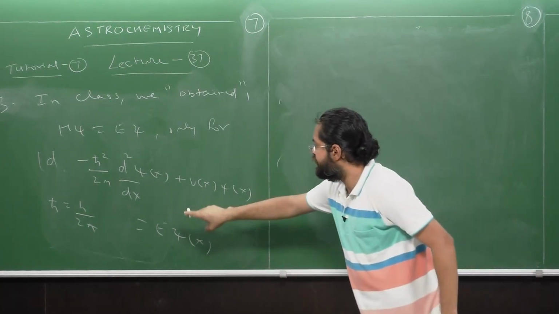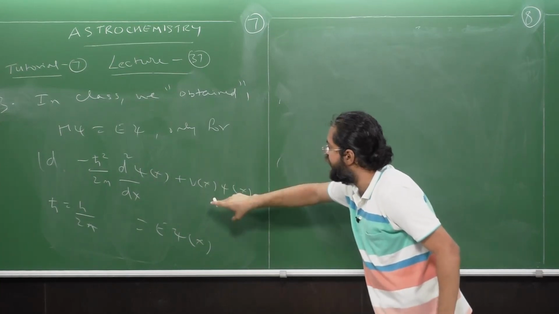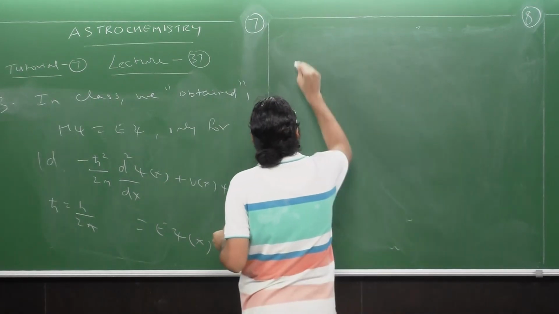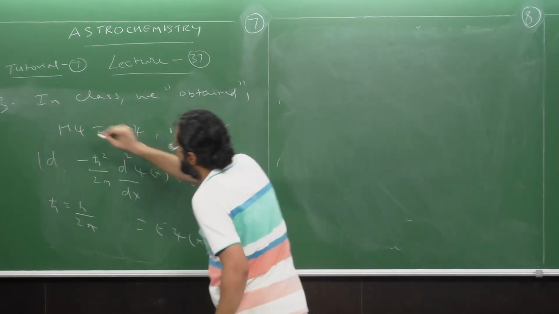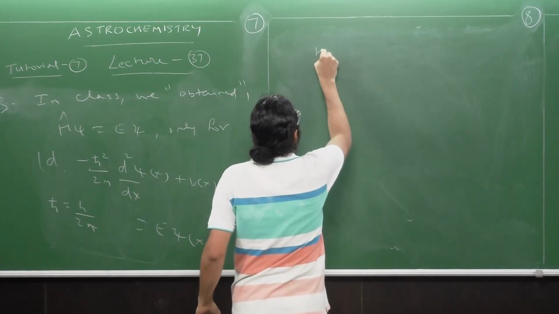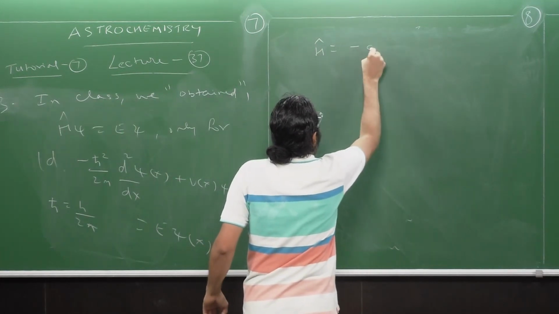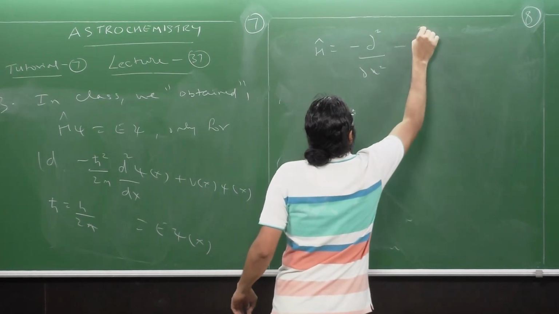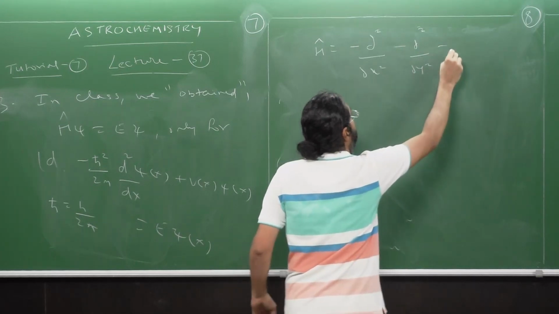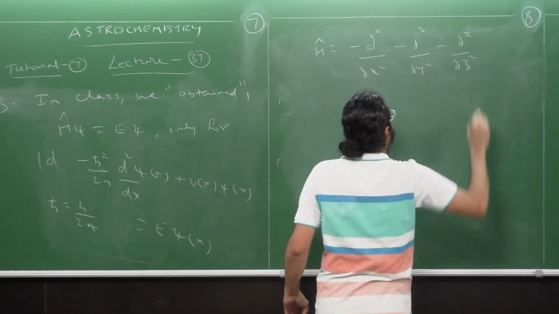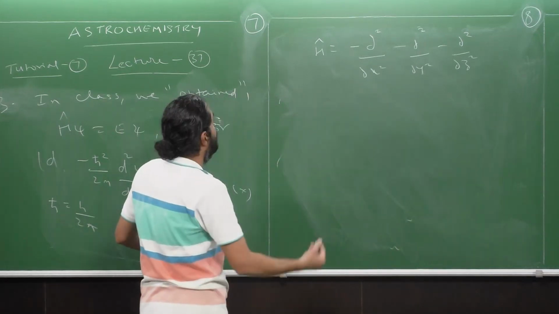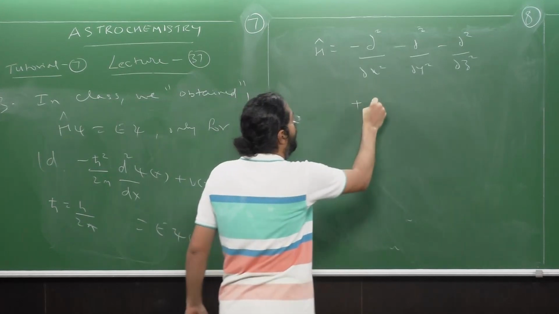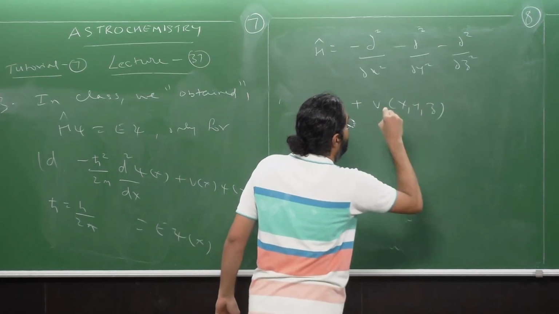Okay. So we have this statement right here, H psi equals E psi. This is in 1 dimension. The generalization to 3 dimensions is very straightforward. How it is done is, your Hamiltonian, that is the H, is simply going to become the sum of the second partial derivatives along x, y, and z, up to dou z square, and your potential term is going to be plus V of x comma y comma z.